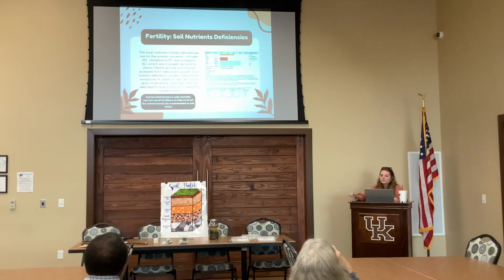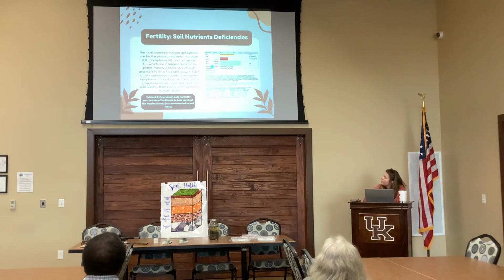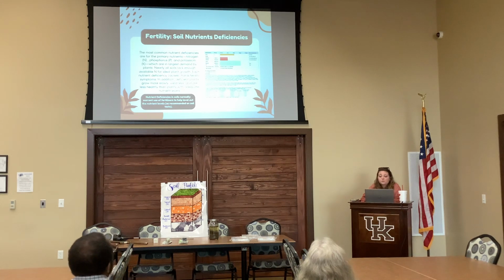So, like we talked about, one thing to hint on while you're here: I imagine most of you, if not all of you, have seen a soil report before or have sent in samples. But when it comes to your soil reports, nitrogen will never have a bar that's colored.